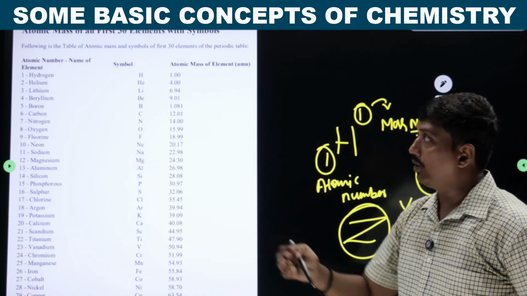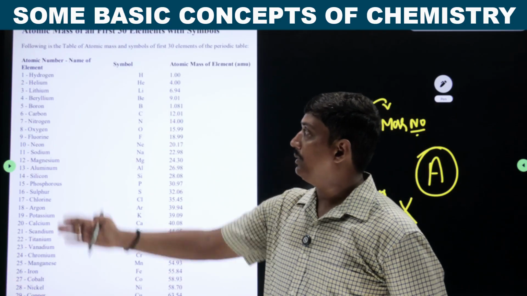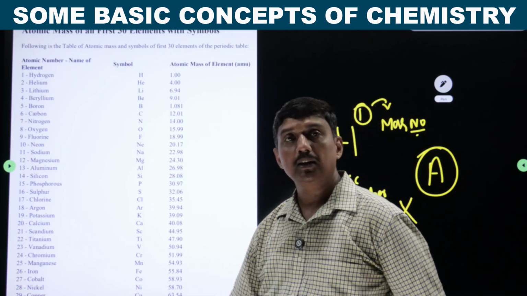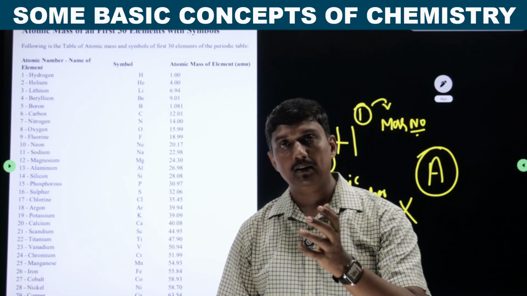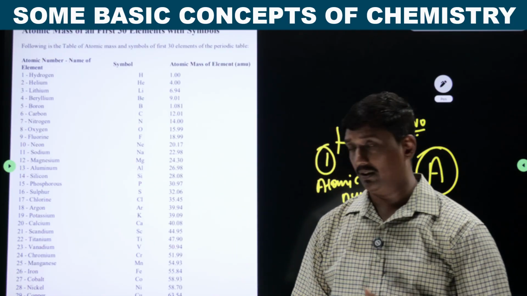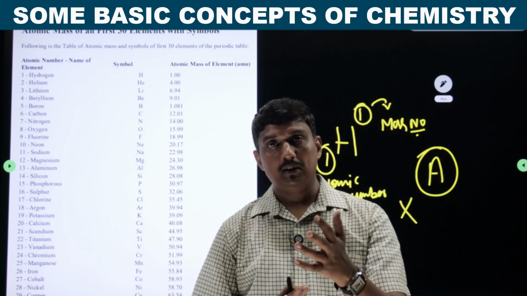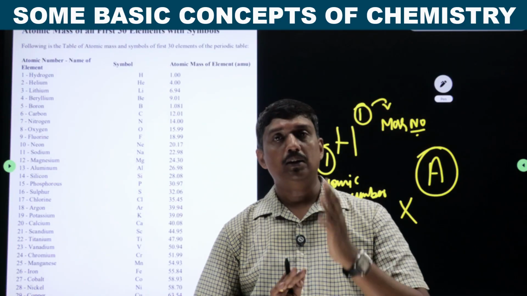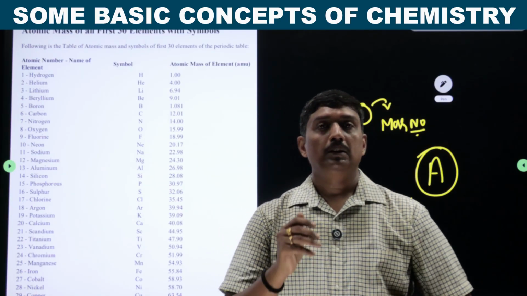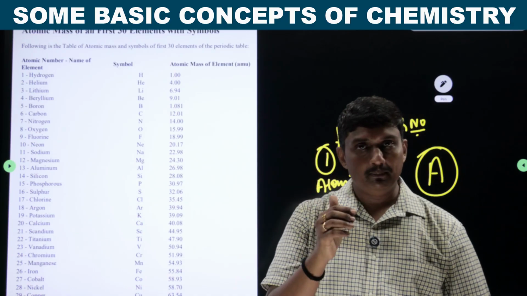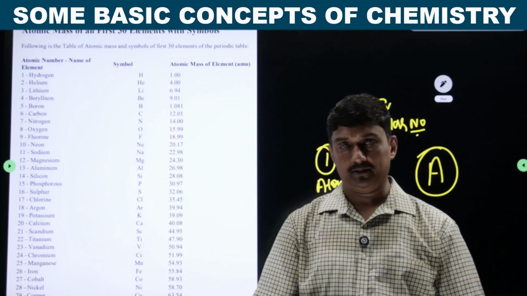So I have given 30 different elements from hydrogen to zinc. They consist of metals, non-metals as well as metalloids. Elements are basically classified into three types: metals, non-metals and metalloids. Metals are the elements which show some peculiar properties.